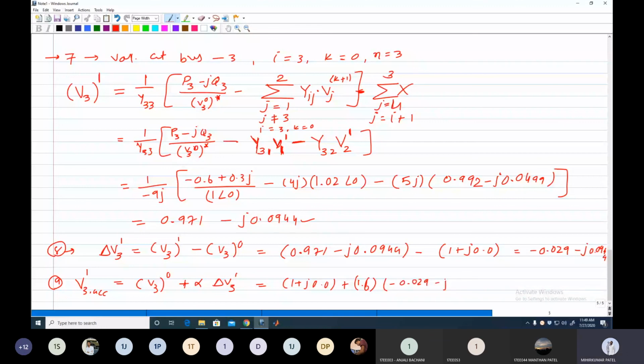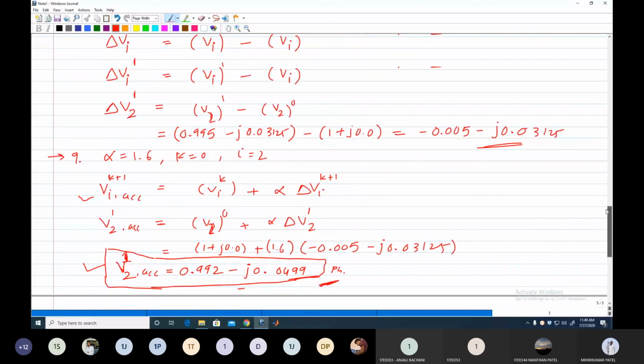Clear? So the final answer is 0.9536 minus j 0.1514. This is how we will calculate the voltage at each bus.